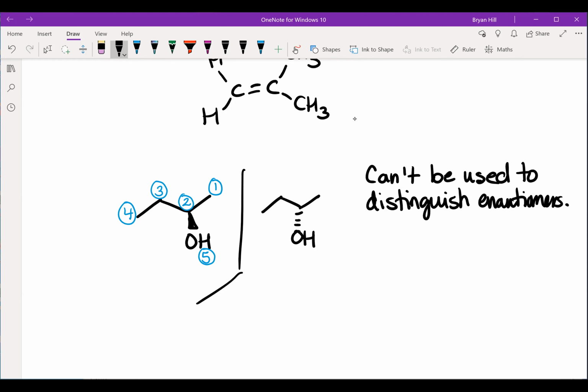But if you've just got a mixture of two enantiomers and you run a standard proton NMR, they will both have exactly the same spectrum.